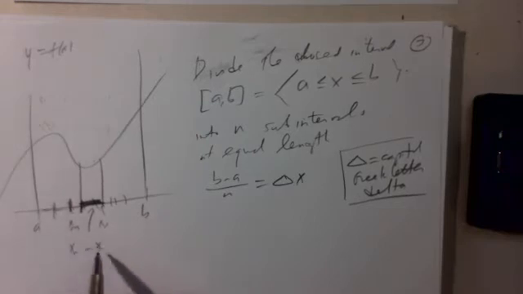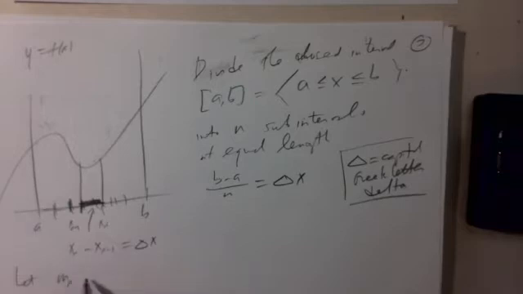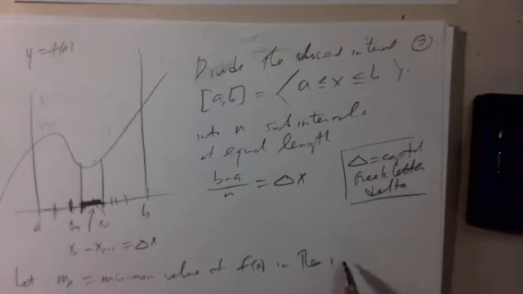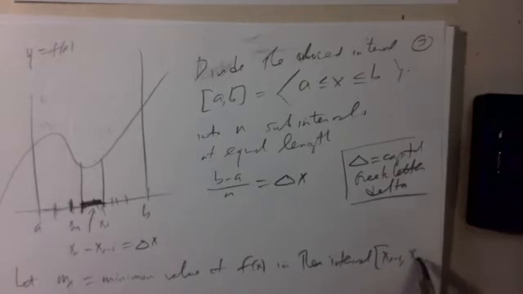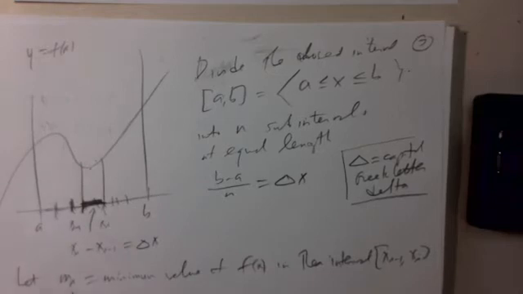And the distance between them, x i minus x i minus 1, is what we call delta x. And let m sub i be the minimum value of f of x in the interval from x i minus 1 to x i. And let capital M sub i be the maximum value of f of x in that same interval.